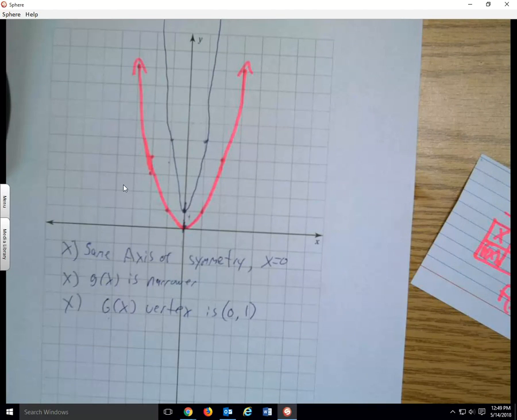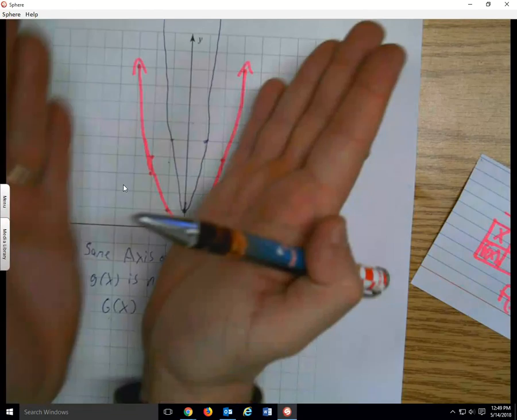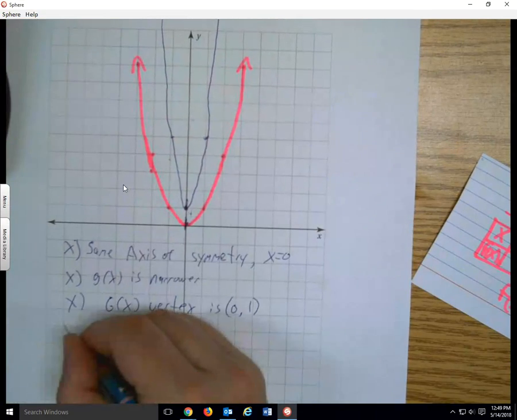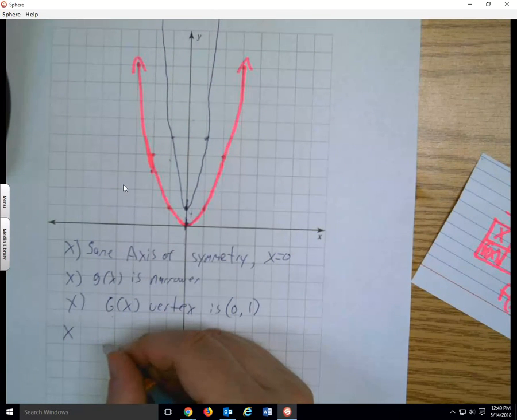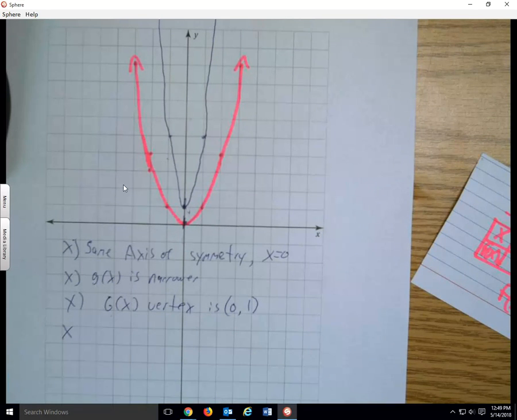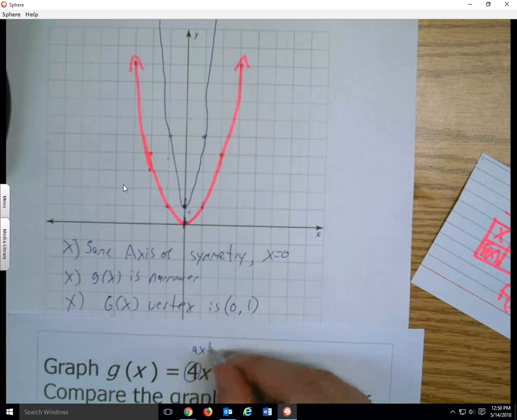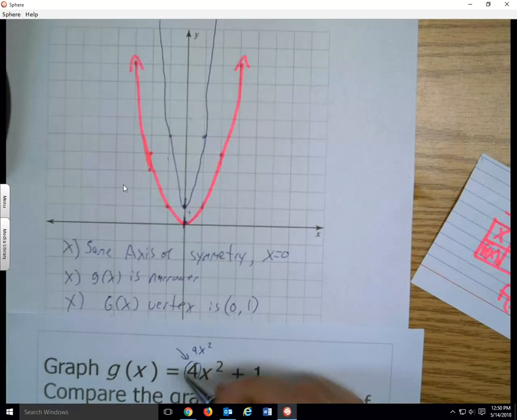Any other observations we can make? So it's a vertical stretch or shrinkage. If we started here and we're stretching away from the x-axis, we would say that it's a vertical stretch. And how much of a vertical stretch is it by? Well, we can look at this number in front. Remember, that's the same as the a in ax squared. And it's a vertical stretch by a factor of 4.